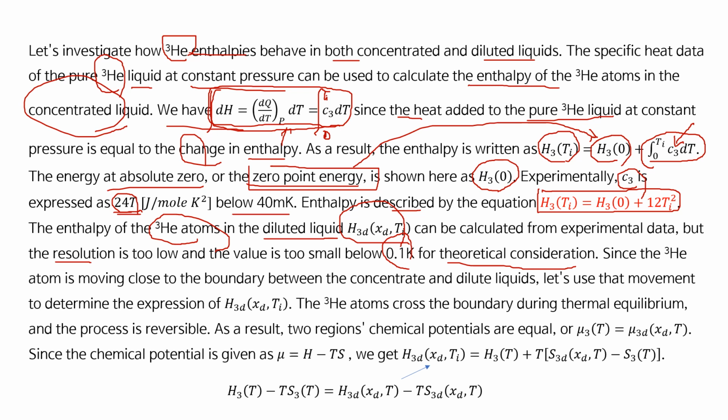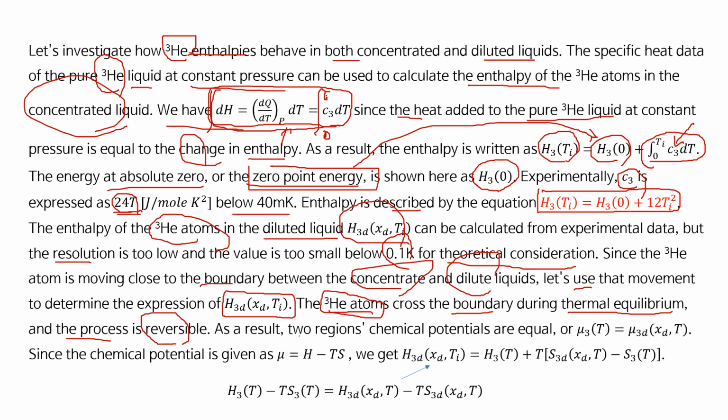Since the helium-3 atom is moving close to the boundary between the concentrated and the dilute liquids, let's use that to determine the expression of the enthalpy of helium-3 atoms in dilute liquid. The helium-3 atoms cross the boundary during thermal equilibrium, and the process is reversible.